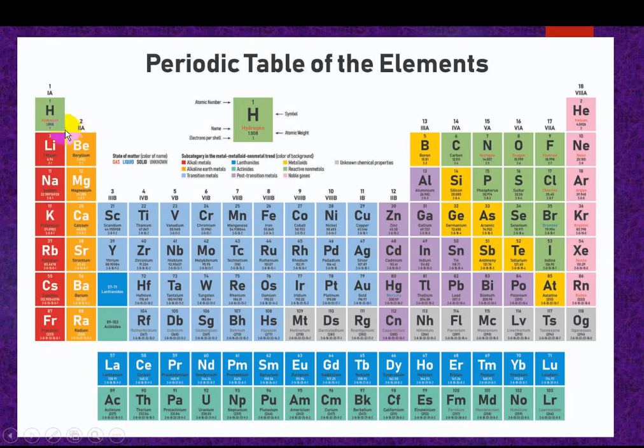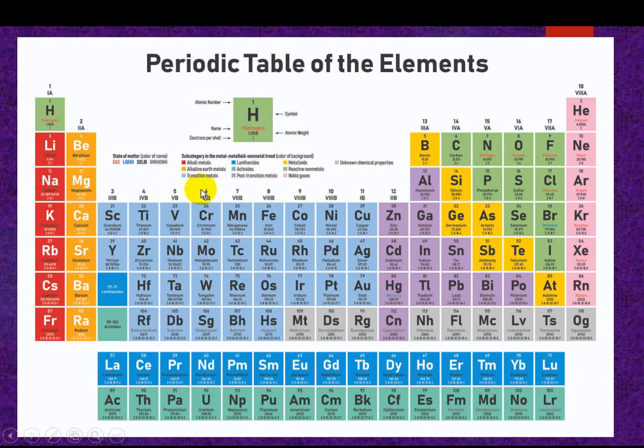So periodic properties change in a period from left to right. If we move from left to right or right to left, periodic properties change in a period. And if we move from top to bottom or bottom to top in a group, periodic properties change.